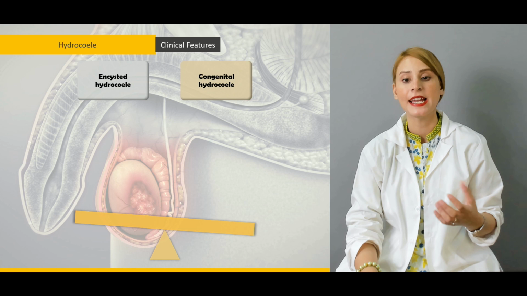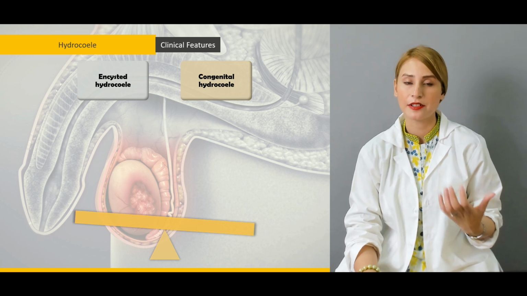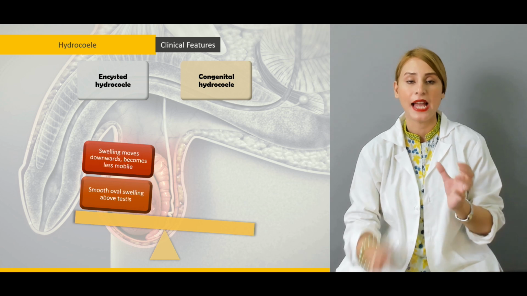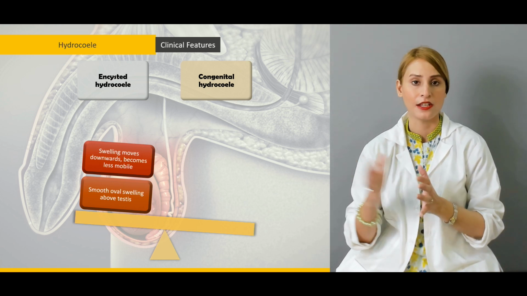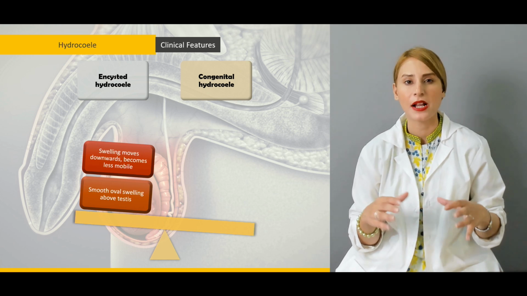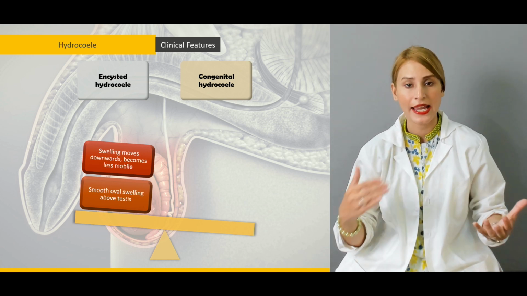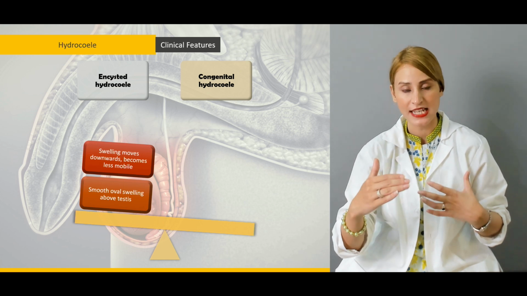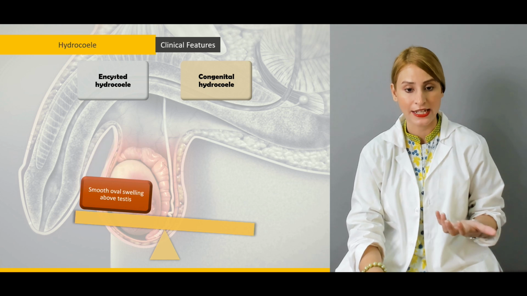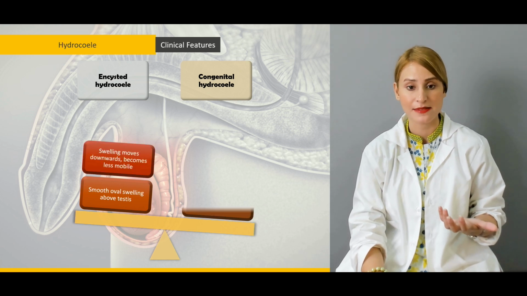Regarding the clinical features of the hydrocele, it can be an encysted hydrocele or a congenital hydrocele. In case of the encysted hydrocele, the swelling would be oval and above the testes, you can get above it, and the swelling moves downward and becomes less mobile.